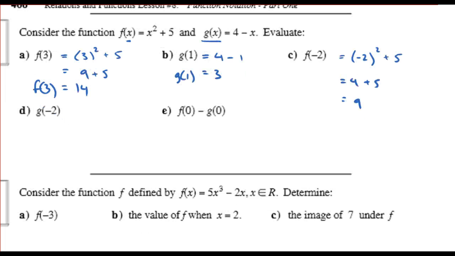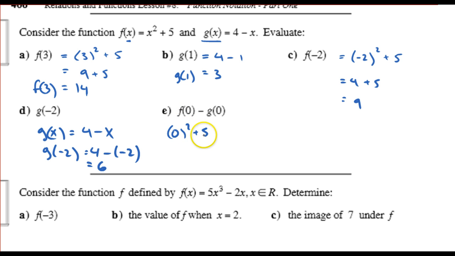g at -2. What's g at -2? Well, g at x, let's write the whole thing out. g at x is 4 minus x. g at -2 is 4 minus -2, which is 6. Okay, f at 0 minus g at 0. Well, f at 0 is going to be 0 squared plus 5, minus, let me do this in different colors so you can see it.